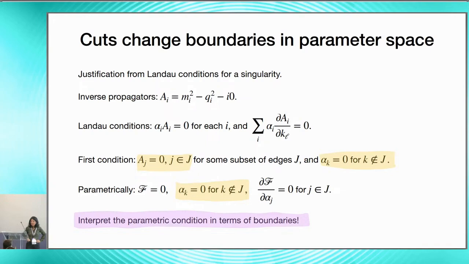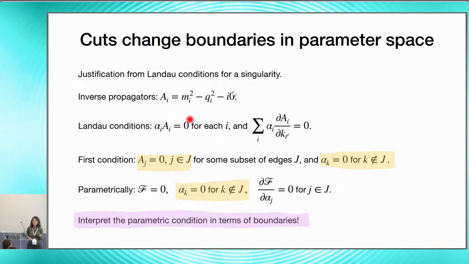Landau basically wrote down two conditions for finding singularities. If the inverse propagators are given by this capital A_I, mass squared minus momentum squared for each propagator with an i epsilon prescription, these are the two Landau conditions. For each edge, the parameter times this inverse propagator has to be 0, and then there's something else for each loop.